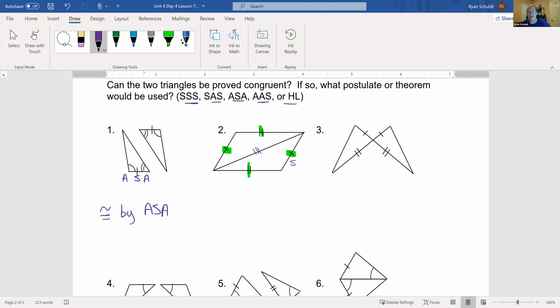Now I have side, side, side. Does that one match? Sure enough. So we are congruent by side, side, side.